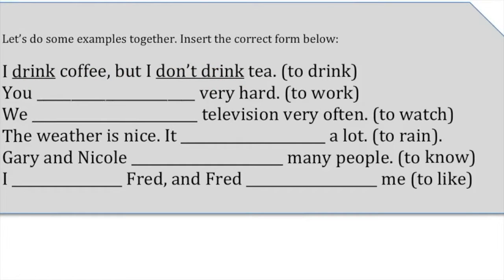Let's do negatives. You blank very hard. We know the word is work. What word do we need there beforehand? You should be thinking a do or does. And in this case, is it you do or you does?